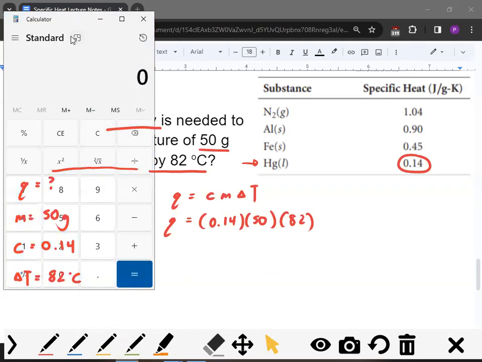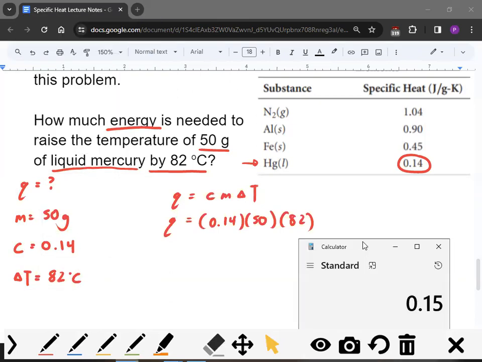On our calculator, we just do 0.14 times 50 times 82. There you go. Our final answer is Q is equal to 574. And since it's energy, it's going to be measured in joules. Okay, so if you guys notice, it's just basic algebra. You're just looking for the missing variable using the info you got. And that's it.